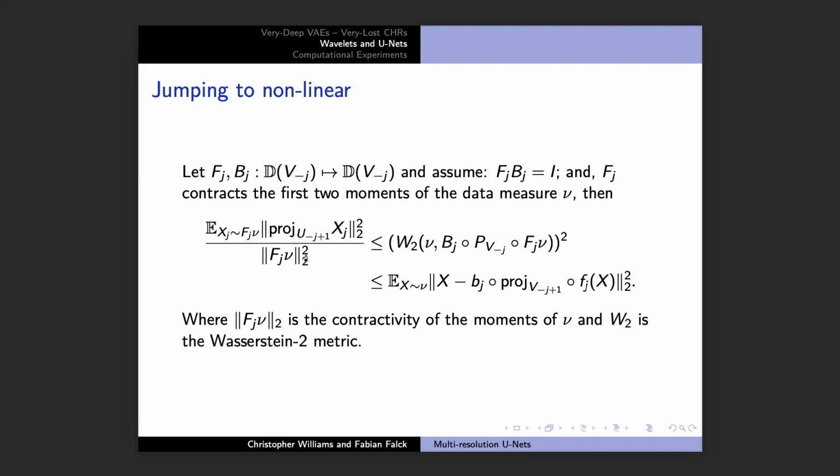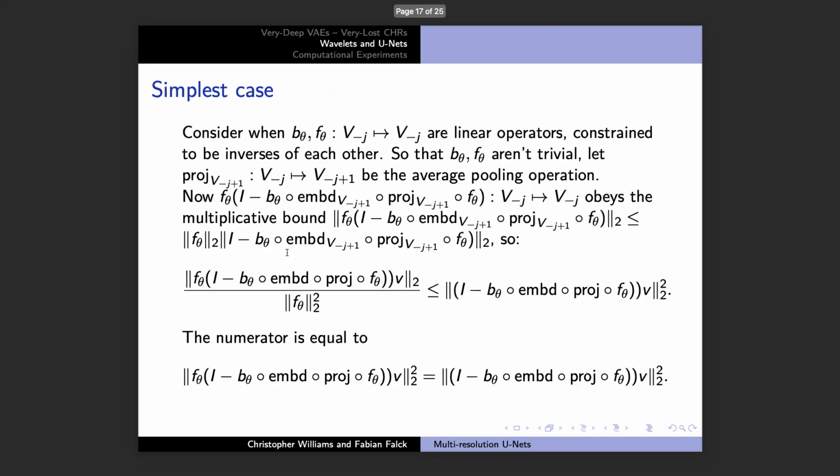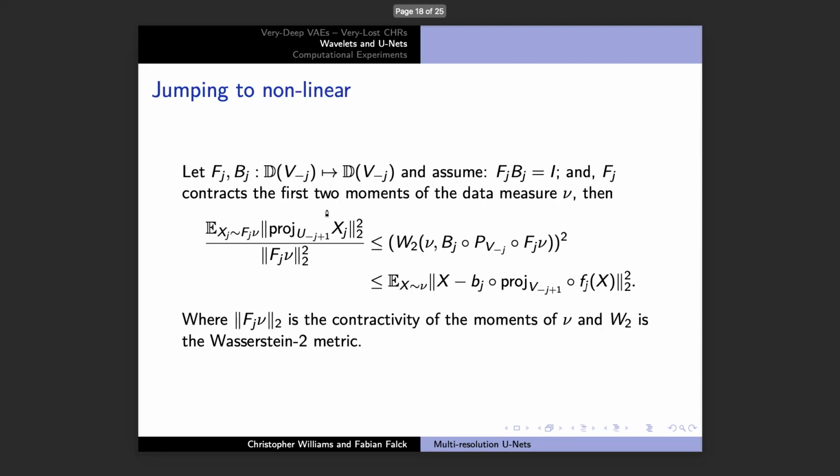What I've done is, because it's no longer linear, the denominator here won't be a nice operator bound like it would be for the linear part. I think it will be, so I'm still checking on this, basically how much the f either shrinks or enlarges the first two moments of my measure in here.